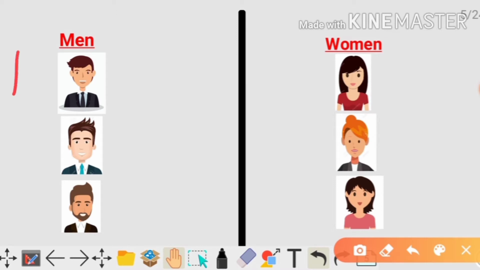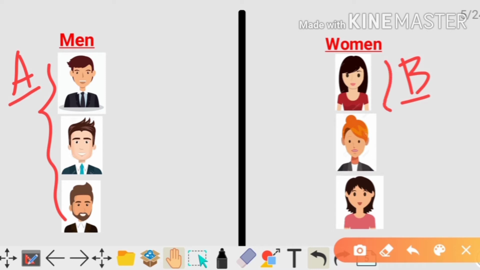Suppose the set of men is A and the set of women is B. And we'll think that the relation between A to B is marriage. Then these 3 persons of A cannot marry 2 girls.